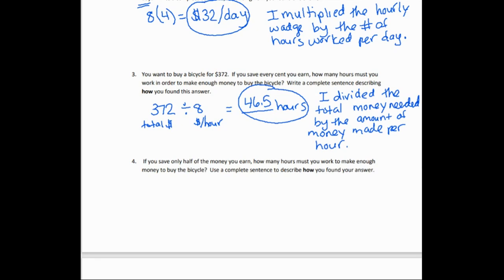So technically, what would sort of feel like the amount of money we're saving per hour? So normally we're making $8 an hour and I save the $8. This time around, we're making the $8, but we only save half of that. So how much per hour am I actually saving?